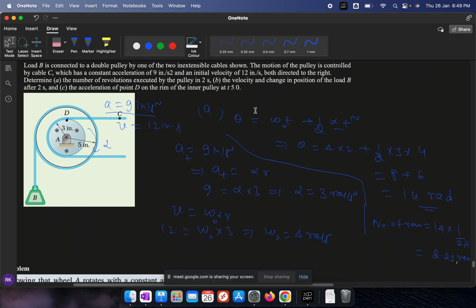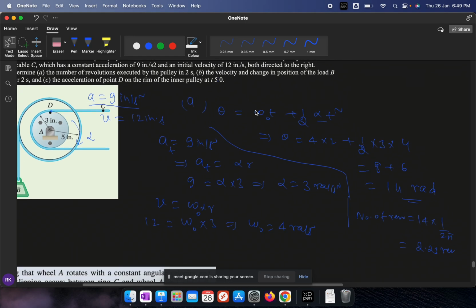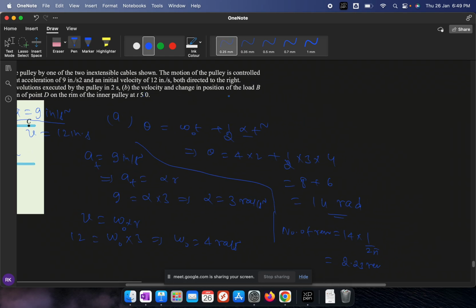Yes, you have to find it, right? So simply you have to find omega after time 2 seconds. Omega equal to omega naught plus alpha times t. This is nothing but v equal to u plus at, and this is nothing but s equal to ut plus half at squared.